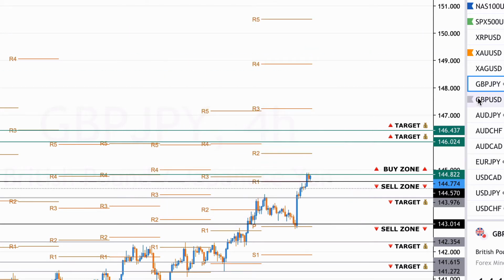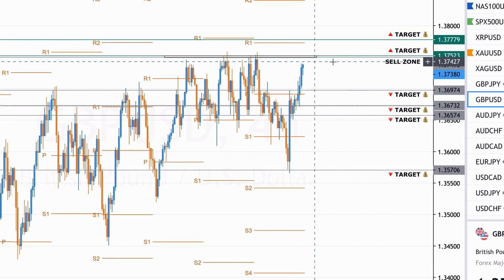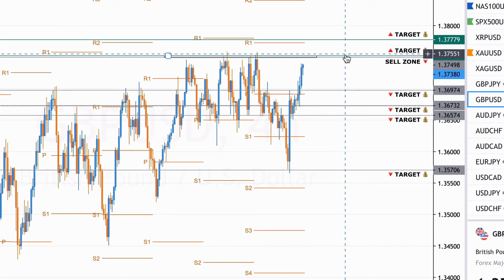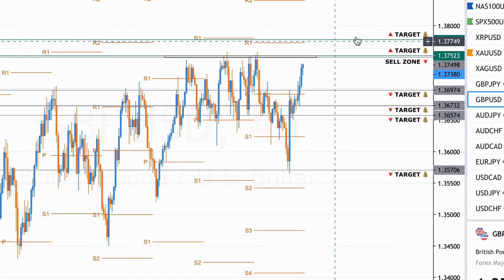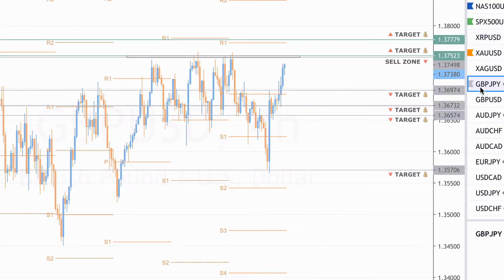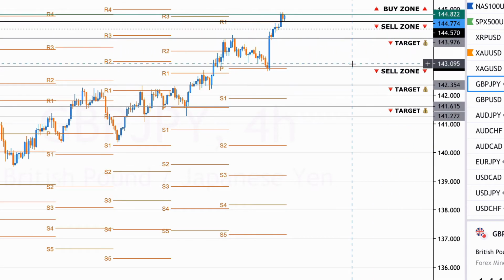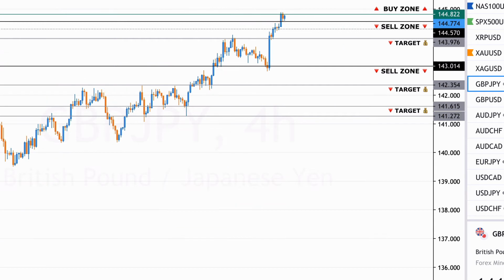GBP USD. The buy zone is this target area, Antoine. If it breaks, we're taking it to the next target. Target. Turn this off, clean it up.